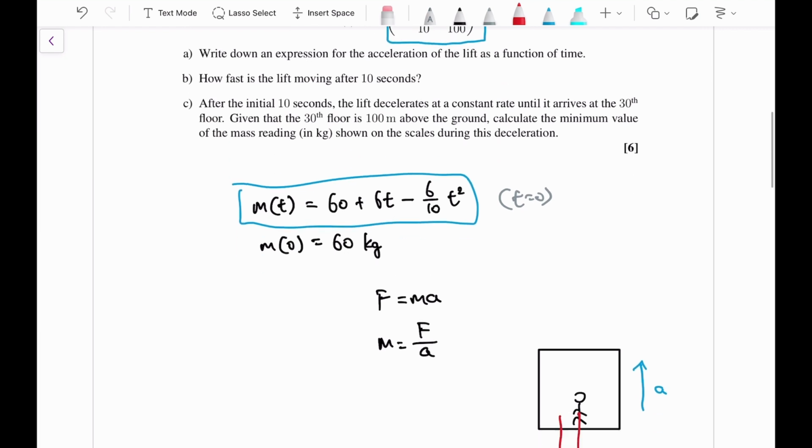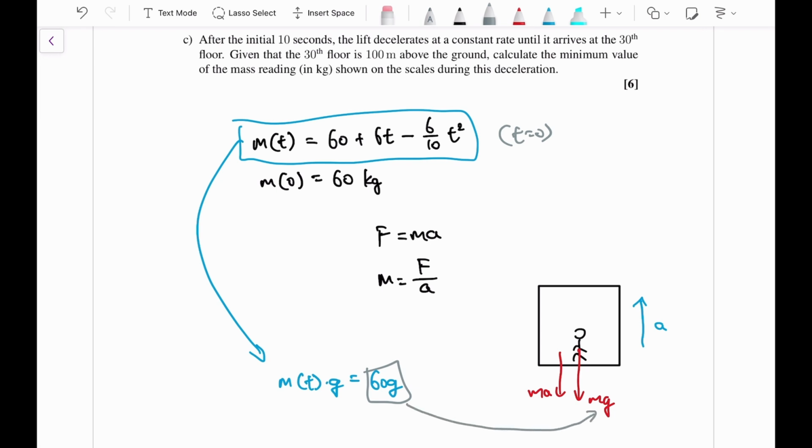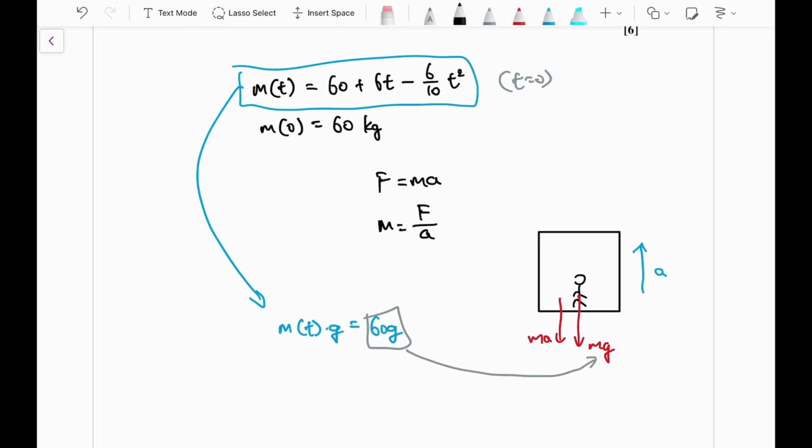And in this case, if we look at this equation, there's something similar. So if we times it by g, so let's say m(t) times g, then we will know that 60g is essentially just mg plus 6gt minus 0.6gt squared.